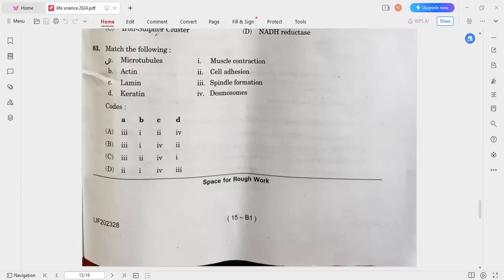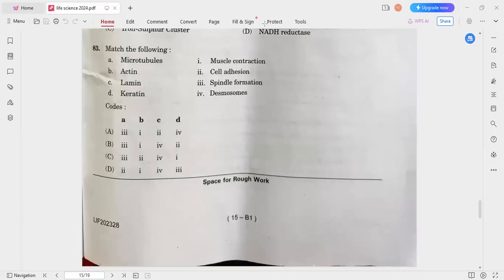So here the correct answer for this match the following is option A, because we don't have much time to discuss individual concepts. So that's why option A is the correct answer for this question. Microtubules, spindle formation; actin, muscle contraction; lamin, cell adhesion; and keratin, desmosomes. Option A is the correct answer for this question.